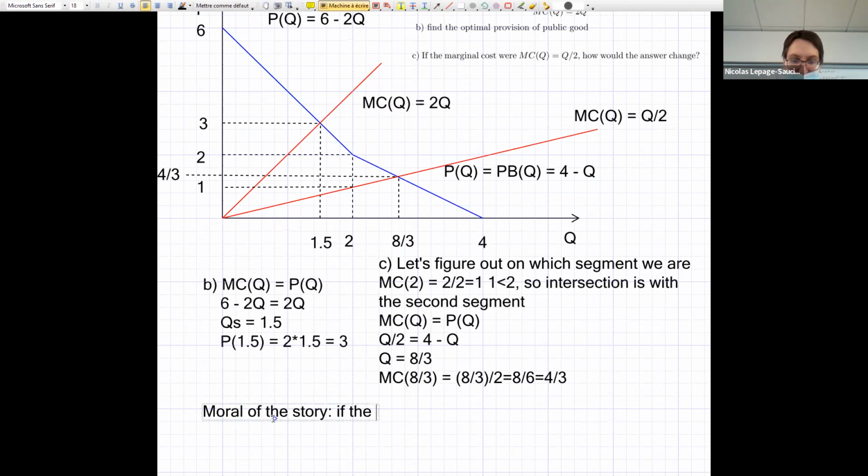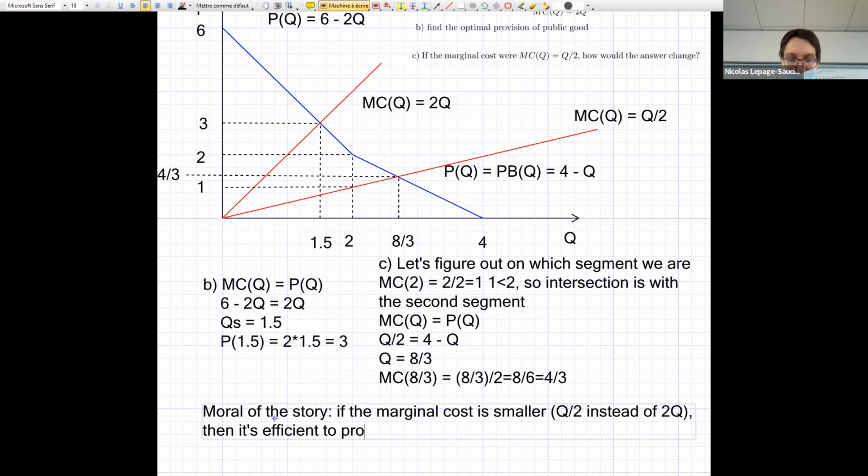If the marginal cost is smaller, so 2 divided by 2 instead of 2q, then it's efficient to provide the public good.